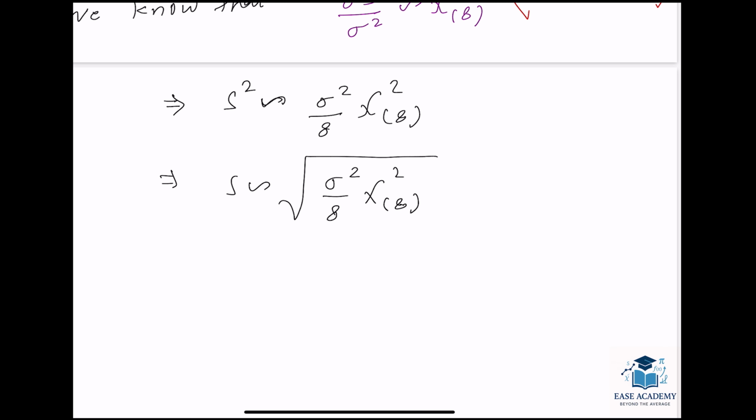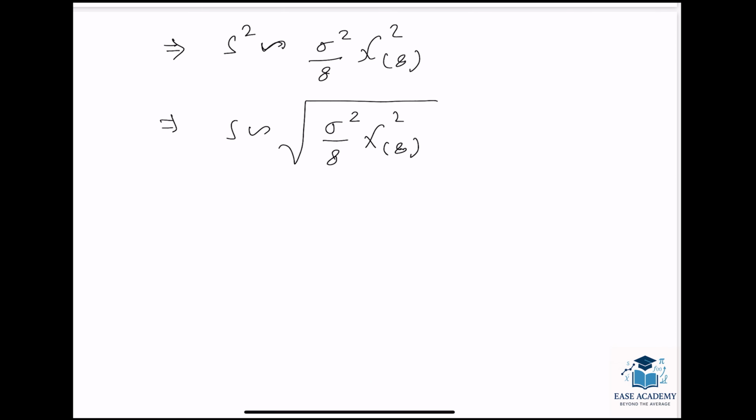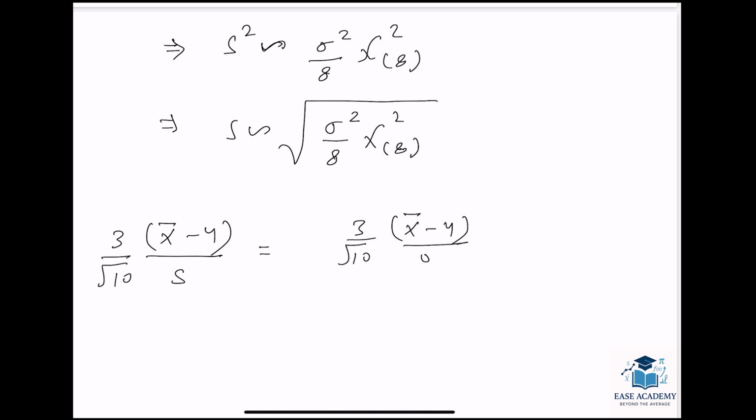So now I want to take 3 by root 10 times (X bar minus Y) upon S, which equals 3 upon root of 10 times (X bar minus Y) upon sigma, where I am just dividing and multiplying by sigma.